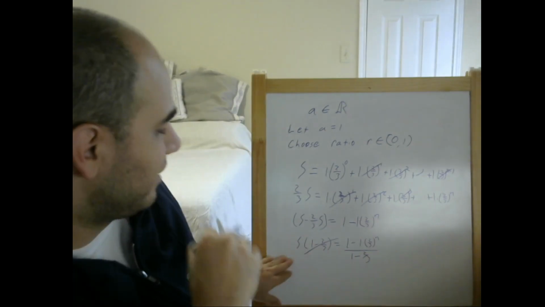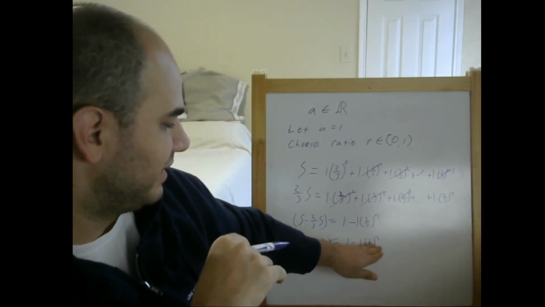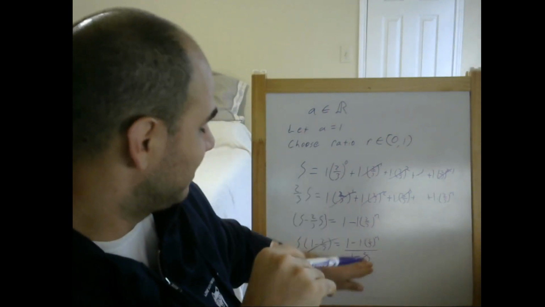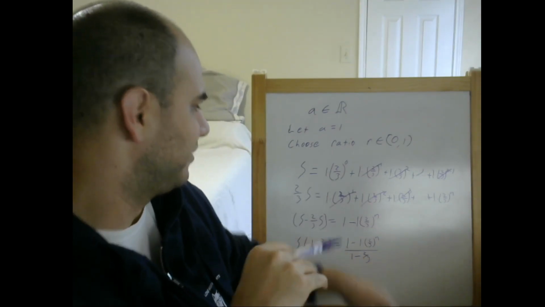So then our sum is equal to 1 minus that last term divided by 1 minus 2/3.